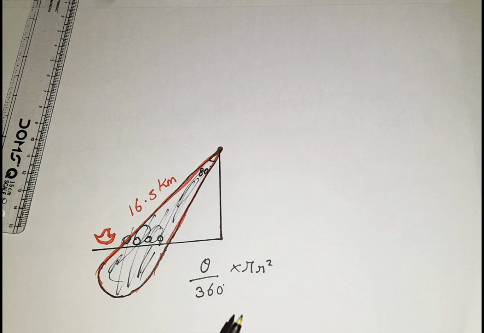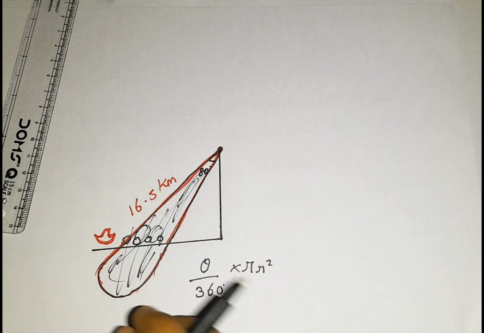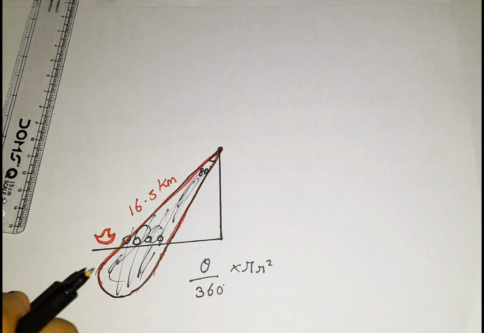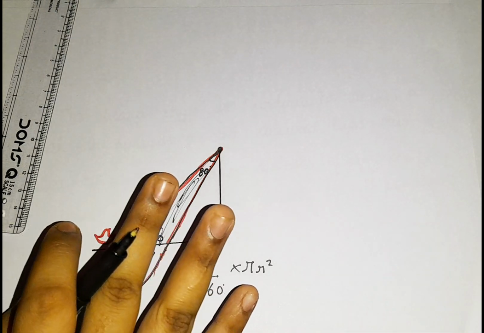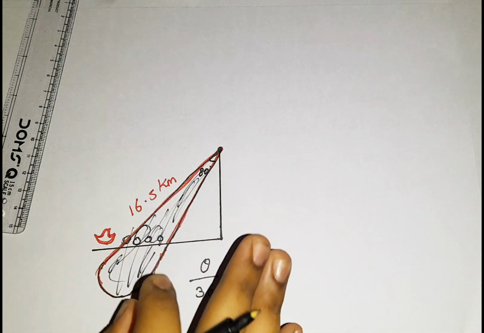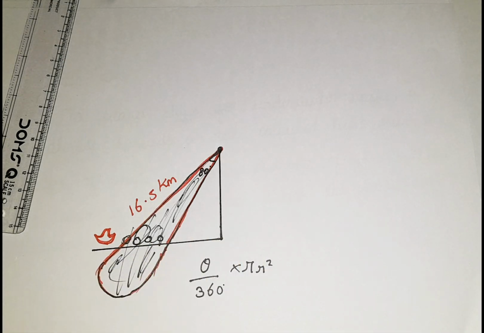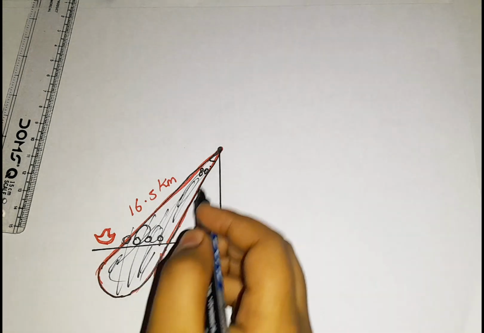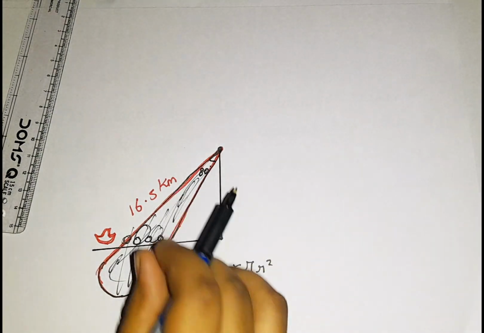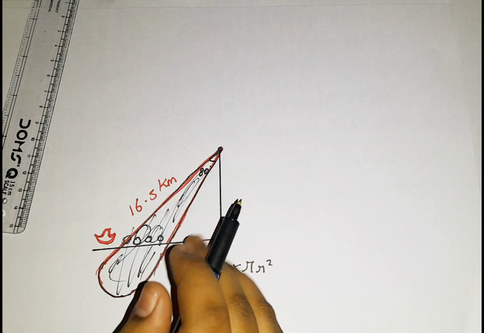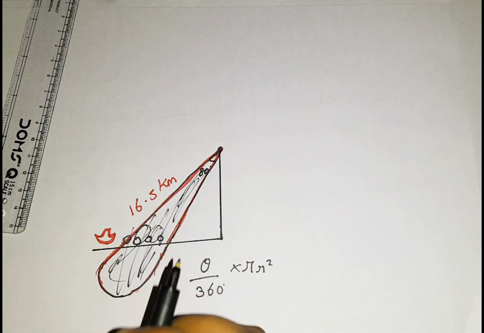In this chapter on areas related to circles, most probably we are focusing on sectors. I would say 95% we are just focusing on sectors. So whenever you get a question related to this lesson, chapter 12, just try to find the sector.